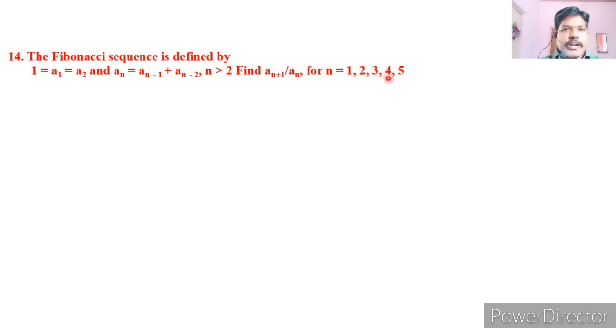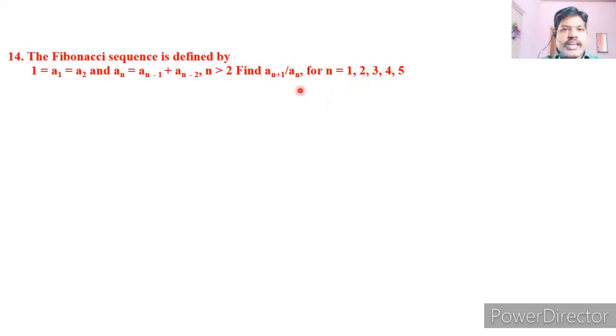If you substitute n equal to 4, it becomes a5 by a4, so you need to calculate the a5 value and a4 value. If n is equal to 5, it becomes a6 by a5. So you need to calculate a1 to a6 values first, then we can substitute these values here. Okay, so let's start with that.